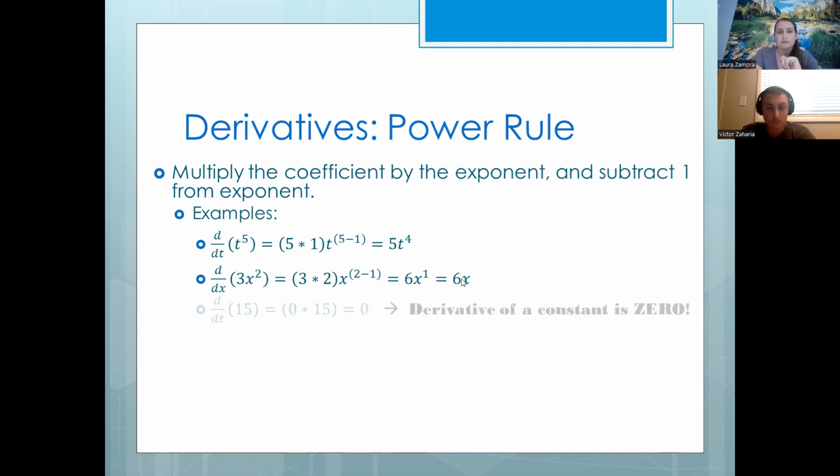Okay, that d over dt and sometimes dx is throwing me off. Yeah, you're going to have to get used to it, because that's just one of the ways you can write the derivative of. There are alternative notations as well, and I'll show you examples of that in just a minute.